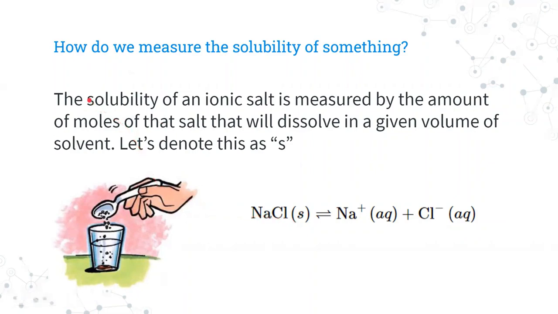However, in reality, the solubility of a compound can vary from very soluble to insoluble. How we measure that solubility is the amount of moles of a salt that will dissolve in a given volume of solvent. So let's use the example of table salt here to figure out what exactly this definition means.